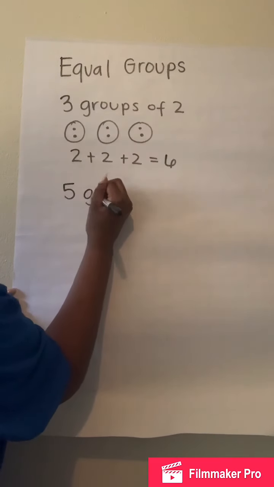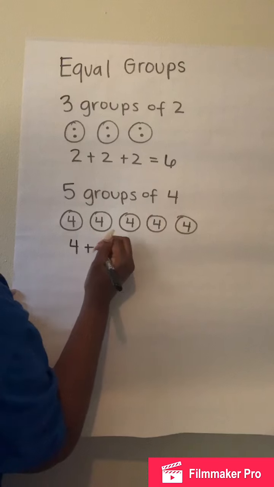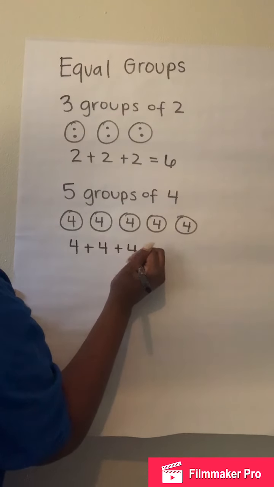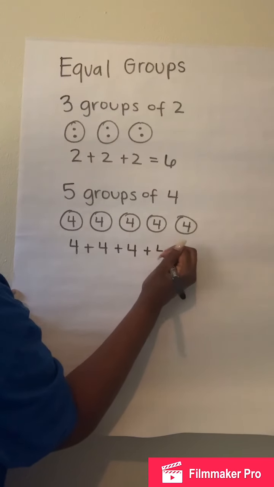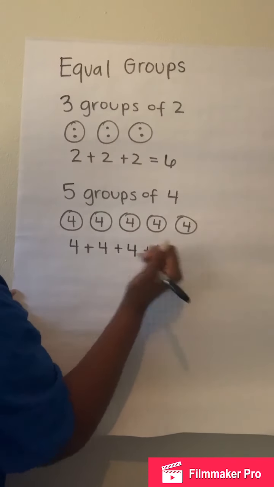And if I write an equation, it would be 4 plus 4 plus 4 plus 4 plus 4 equals blank.